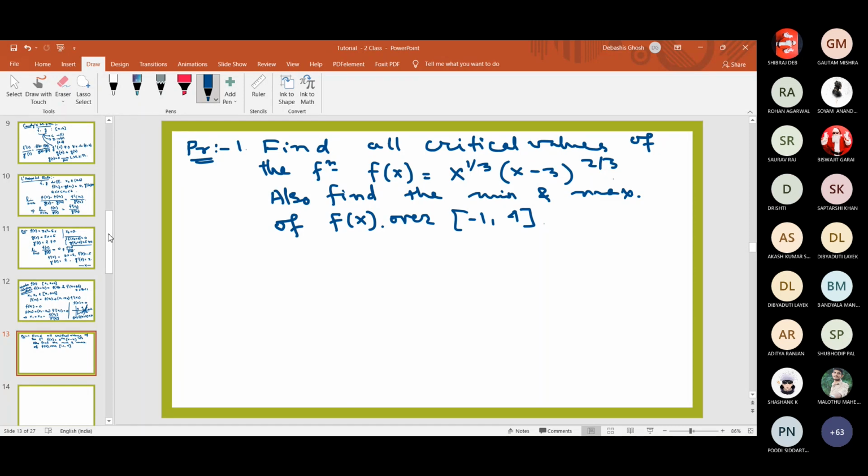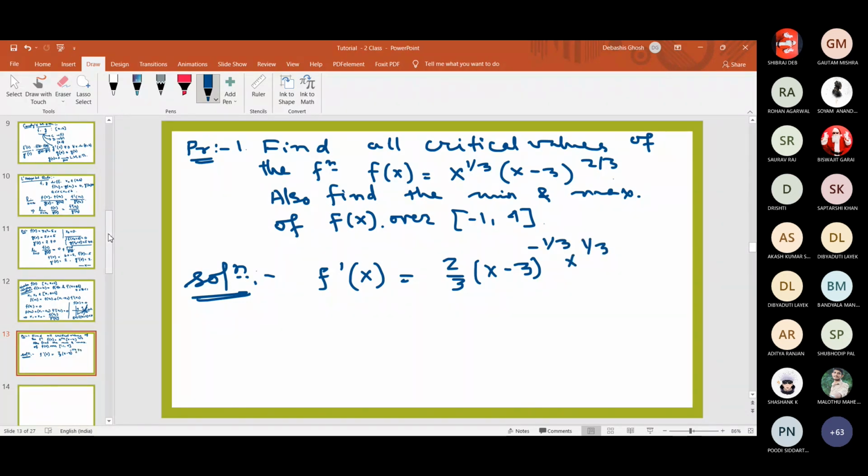You have this function, and you can see that it is continuous, but if we find the derivative of this function, f dash x, differentiating first gives 2 by 3 (x minus 3) to the power minus 1 by 3 times x to the power 1 by 3, plus (x minus 3) to the power 2 by 3 times 1 by 3 x to the power minus 2 by 3.